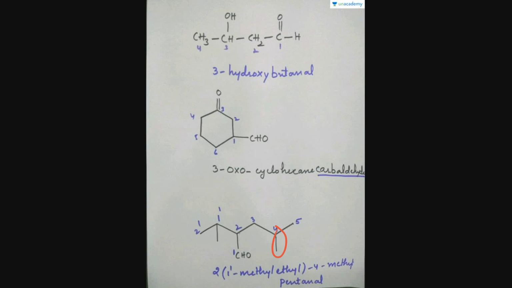On the 2nd carbon we have a substituent, and on the 1st prime of this substituent we have 1 more substituent. So this is a substituted substituent. On the 2nd carbon, for the 1st carbon, that is 1 prime, we have a methyl group. So this becomes 2-(1'-methylethyl)-4-methylpentanal.